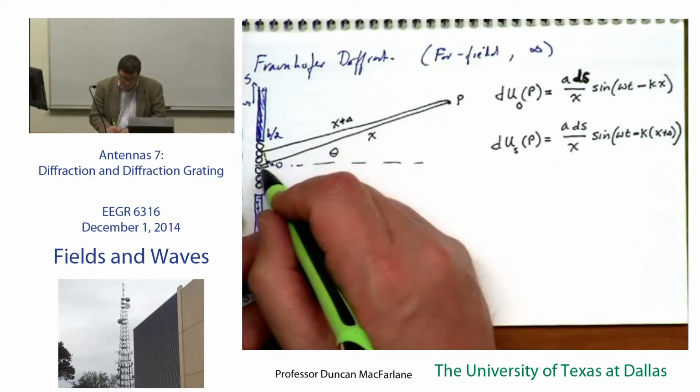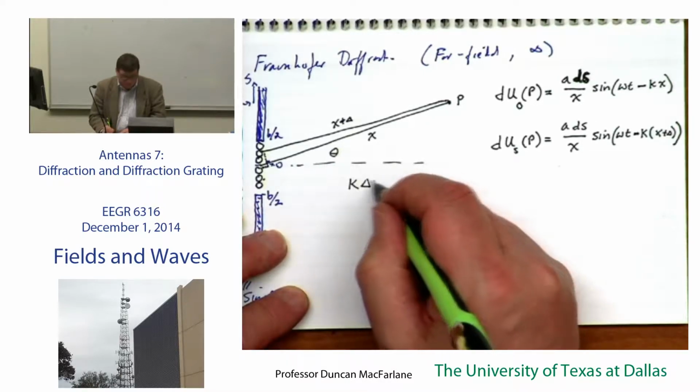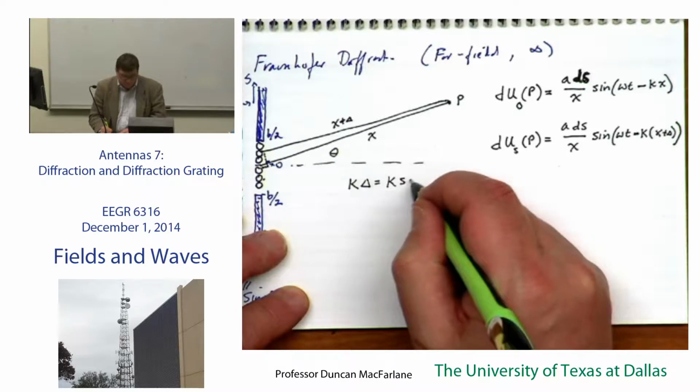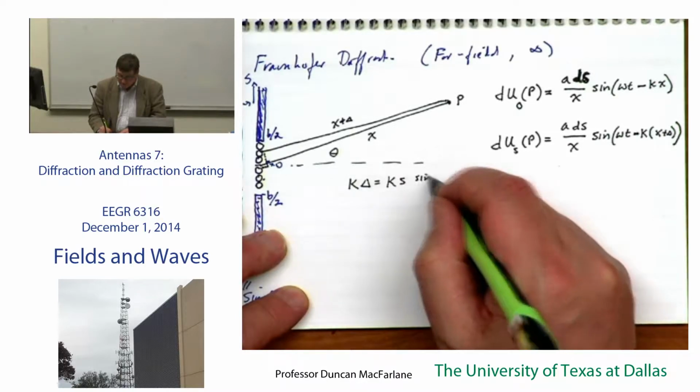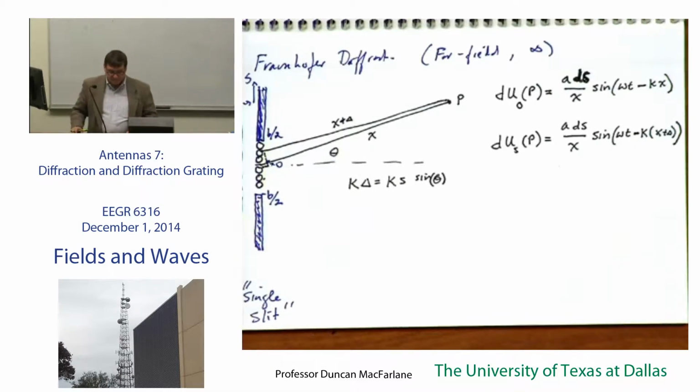Now, the phase shift is this piece right here. So K times delta is equal to Ks times the sine of the angle theta. So delta is equal to S sine theta, multiply through by K, and that's Ks sine theta. You start to see a lot of similarities between the center-fed antenna and this piece here.